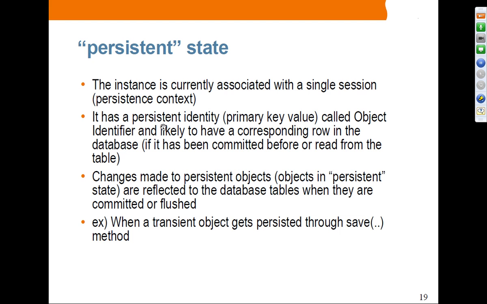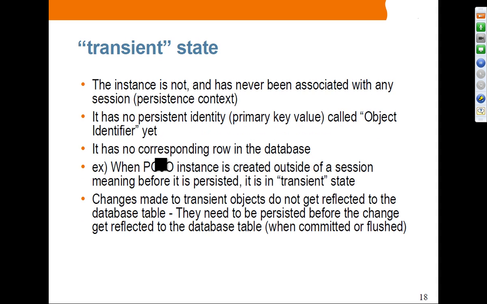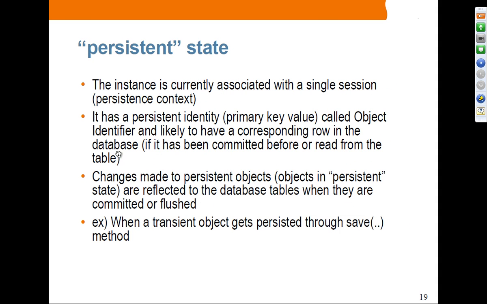It does have a persistent identity called the object identifier, and it is likely to have a corresponding row in the database table if it has been committed before or read from the table. But if it has not been committed before, then it doesn't have any row in the table.